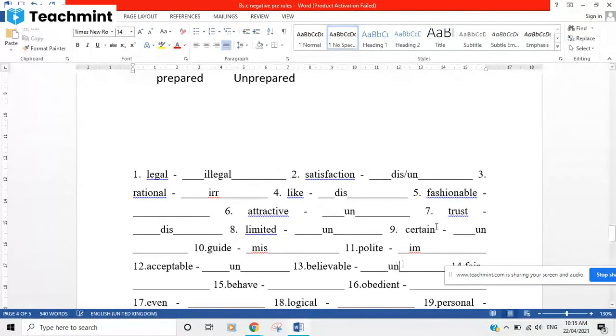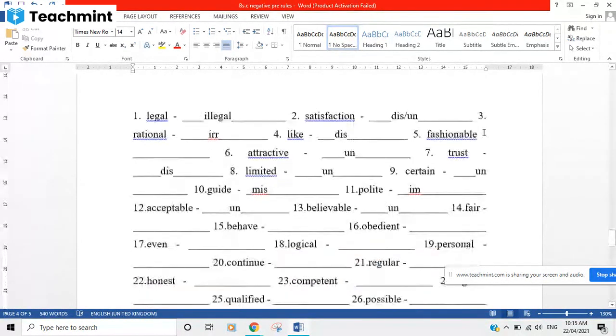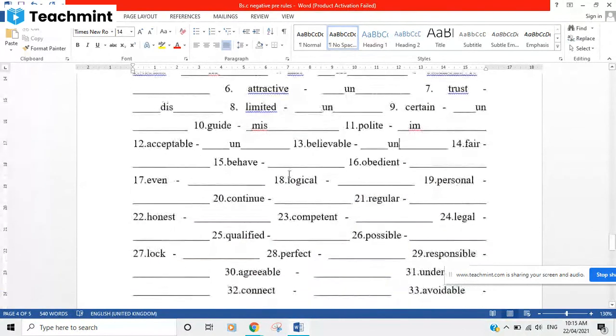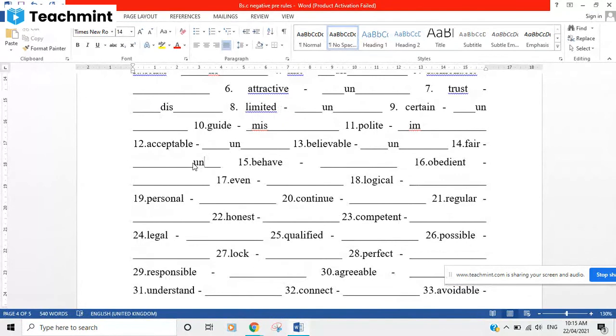Okay. Now, which negative prefix will we use before this word welcome? Yes, he was unwelcomed at the party.